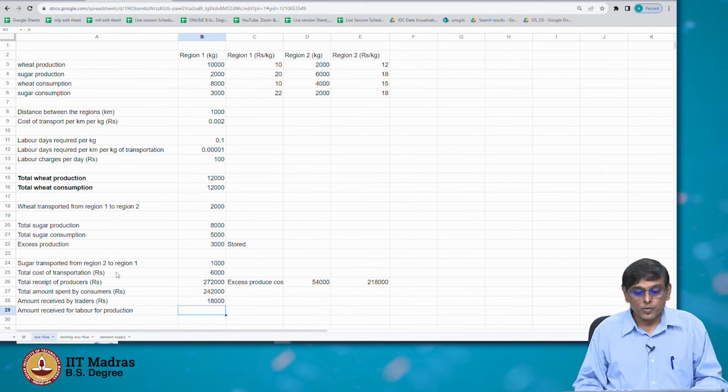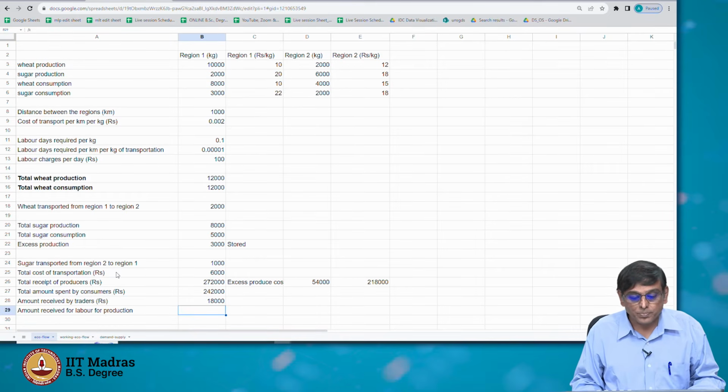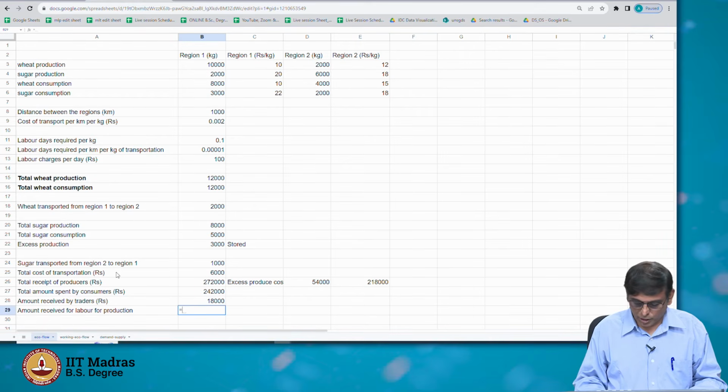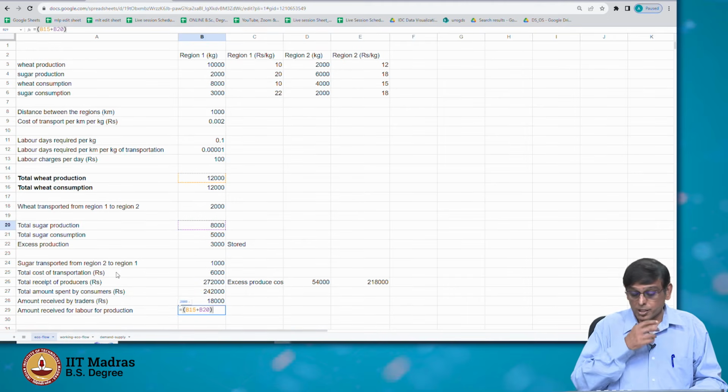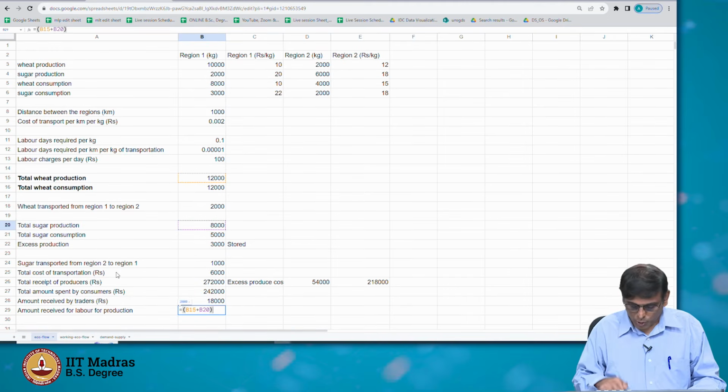So, how much is that? We know basically that the total production of wheat is 12,000, total production of sugar is 8,000. So, the total overall production is 12,000 plus 8,000 total production. It does not matter whether it is stored or not, that got produced, right.